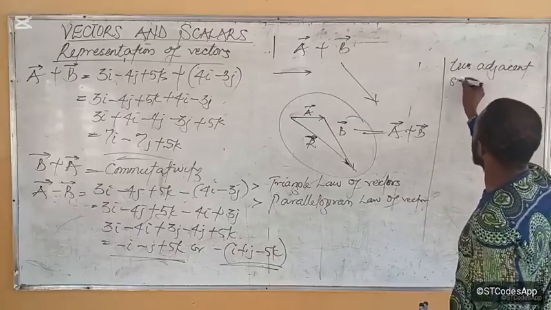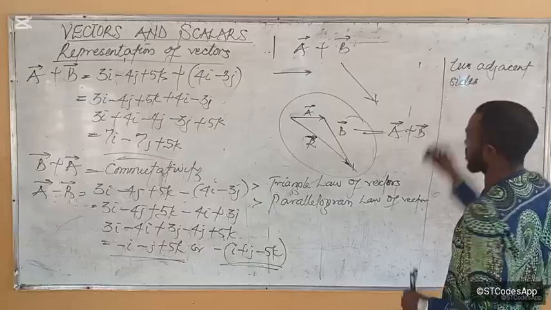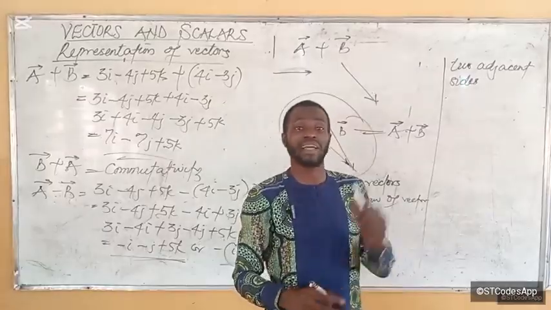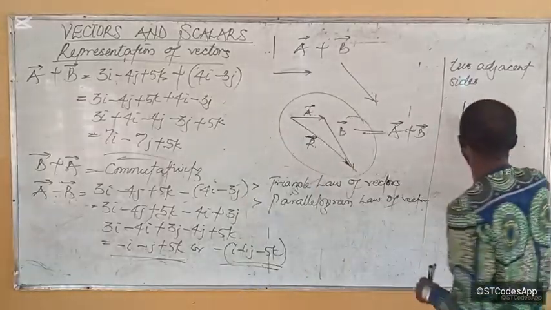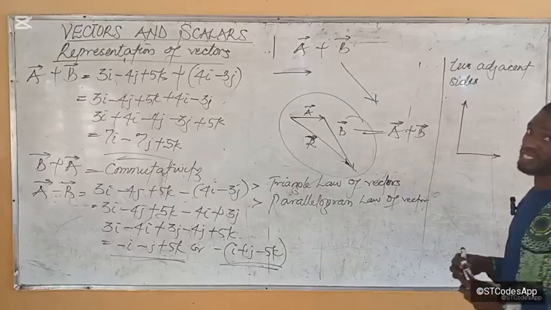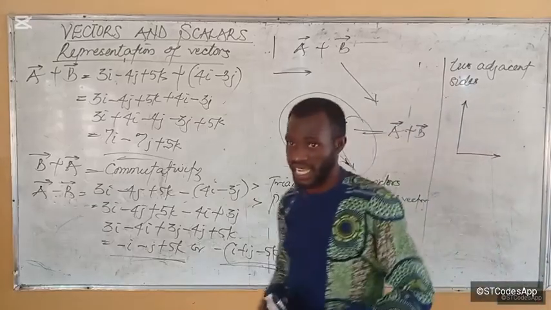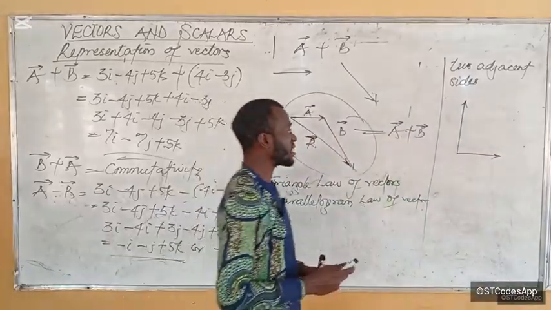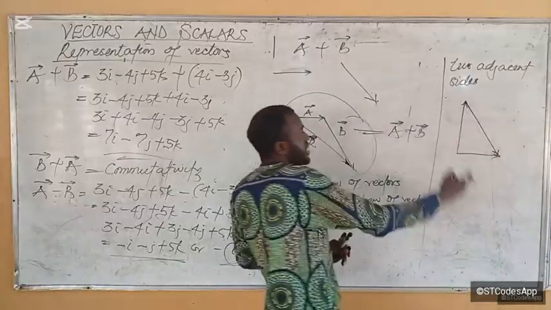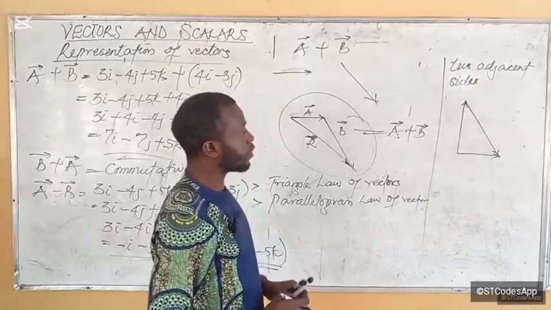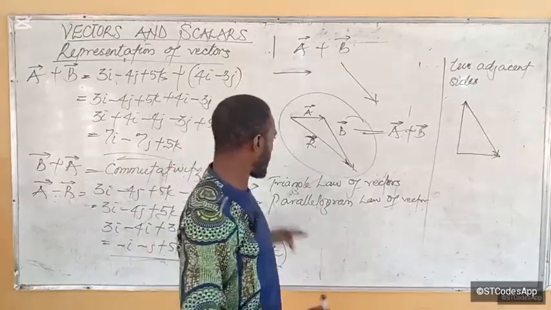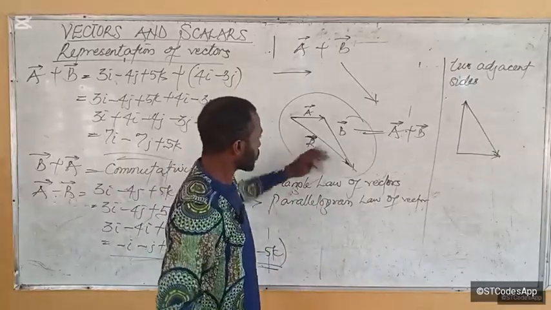Now, what does the triangle law of vectors state? The triangle law of vectors says that if the two adjacent sides of a triangle are represented in magnitude and direction, the magnitude of the third side, which is the hypotenuse, is the resultant of the two vectors.